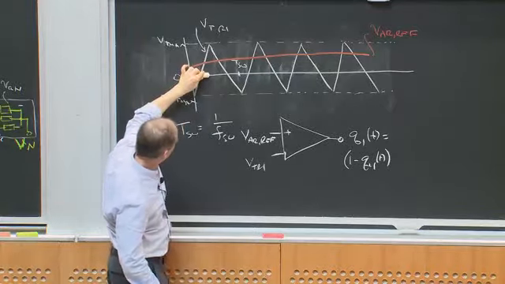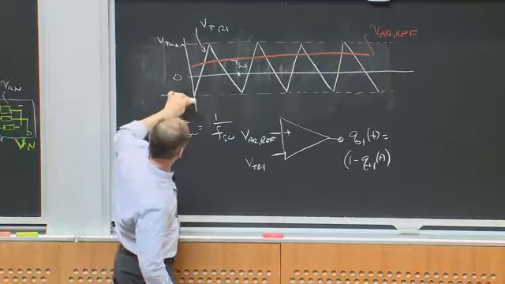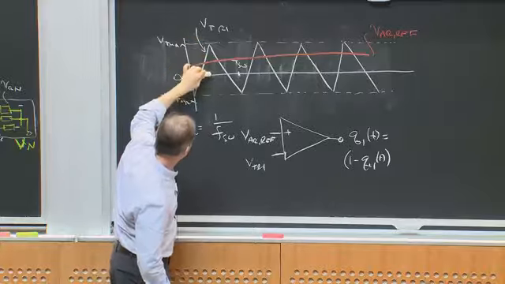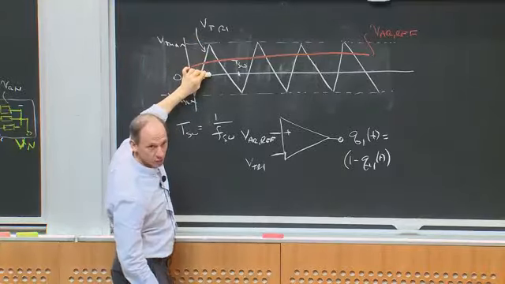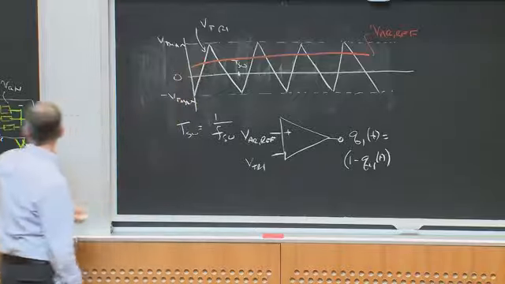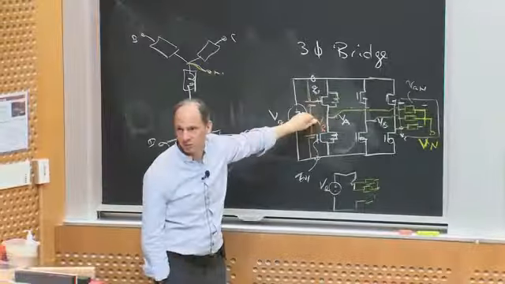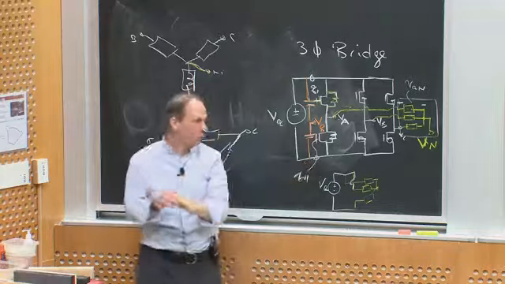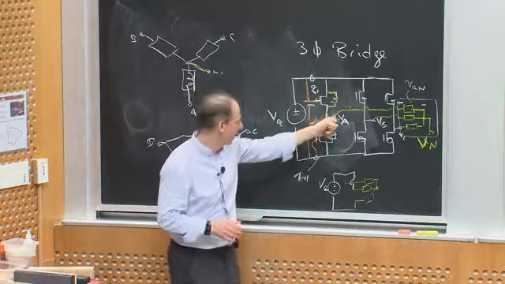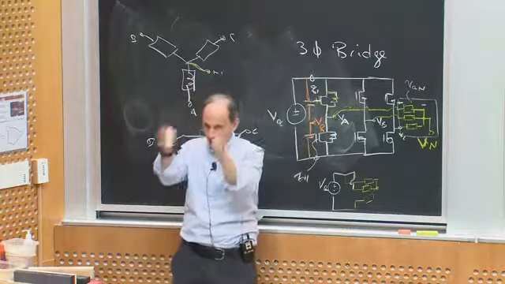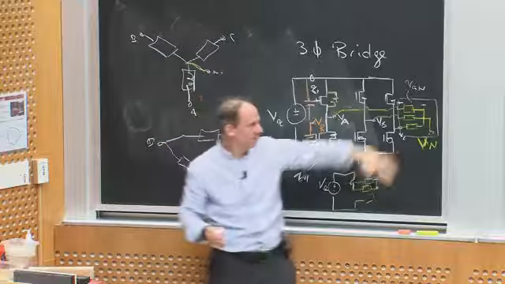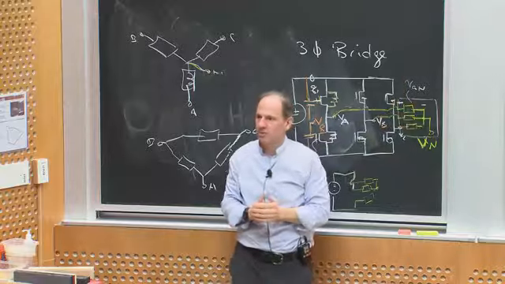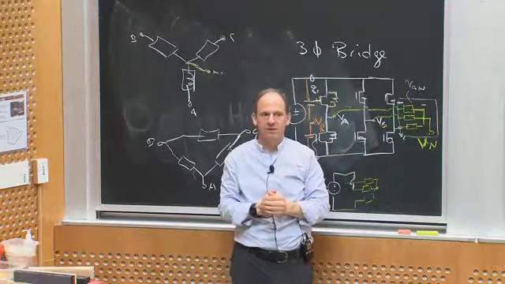If the reference is right here in the middle, this triangle wave goes from plus to minus, and I would have it switching with 50% duty cycle between top and bottom. And on average, with respect to VR, this would be 0. So I can linearly change the average voltage synthesized by VA with respect to VR over one switching period based on this triangle intercept PWM. Does that make sense to everybody?